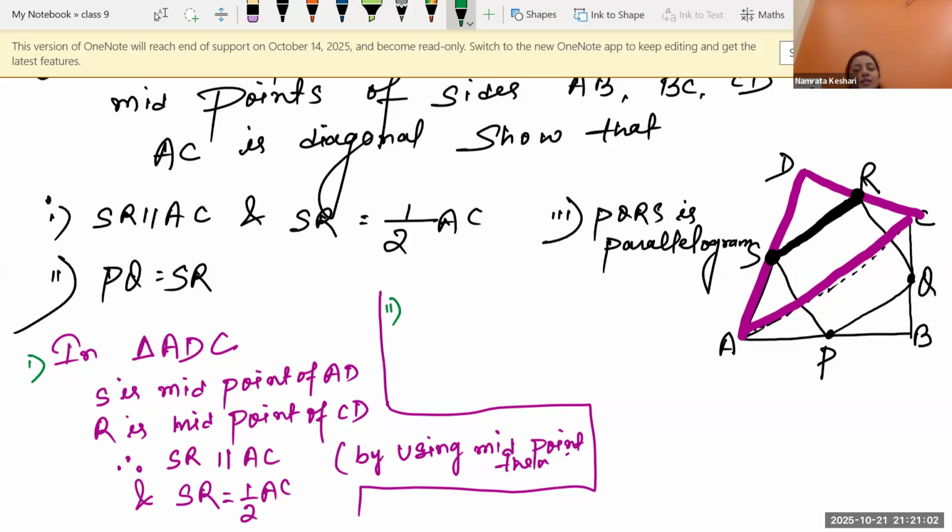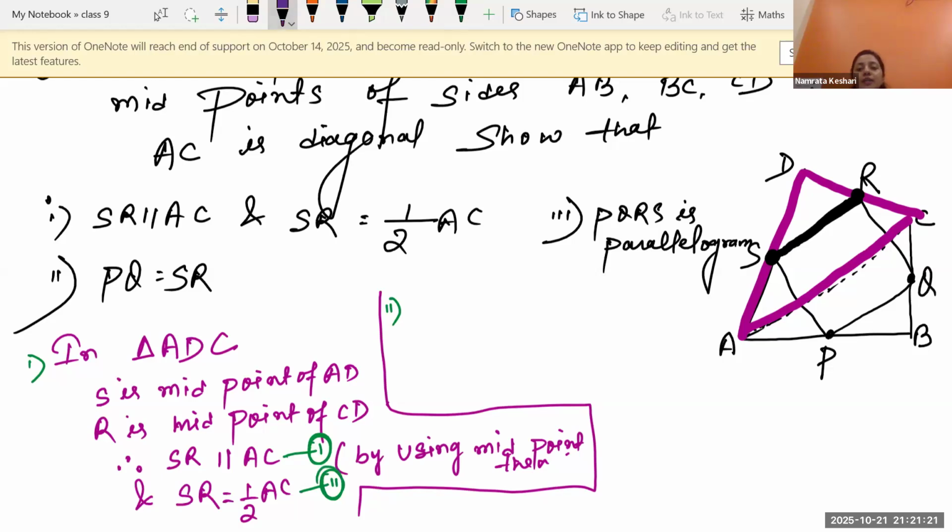Let's take the next one. PQ is equal to SR. So we will say in the other triangle. For now, we can mark this one as equation number 1 and this one as equation number 2. Now we are going to take another triangle, exactly the same way.